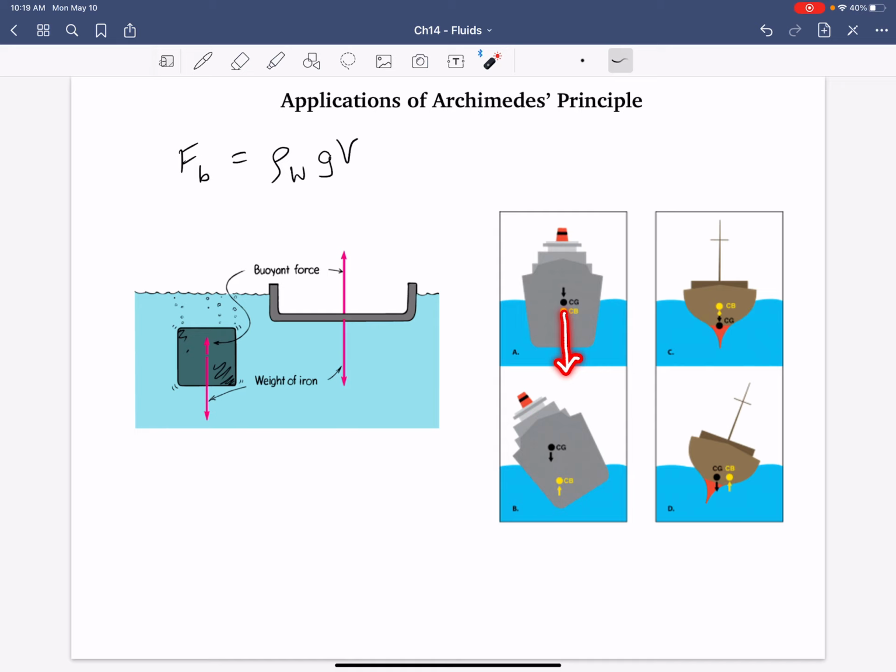So the ship designers need to come up with a way to displace even more water, right? To compensate for that increased weight from all of those containers, all right? And so they do that by designing the hull kind of like this, right? As opposed to on the right where it dips down to a point, right? It's more square, so it carves out a greater volume of water.